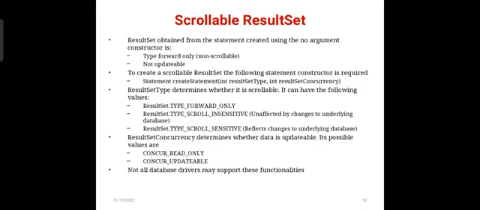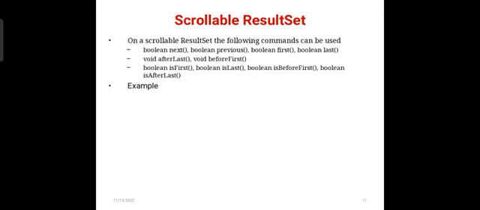It also needs the constructor, and it determines whether it is scrollable or not. It is applicable by using ResultSet dot TYPE_FORWARD_ONLY, ResultSet dot TYPE_SCROLL_INSENSITIVE, ResultSet dot TYPE_SCROLL_SENSITIVE. Not all database drivers may support these functionalities.